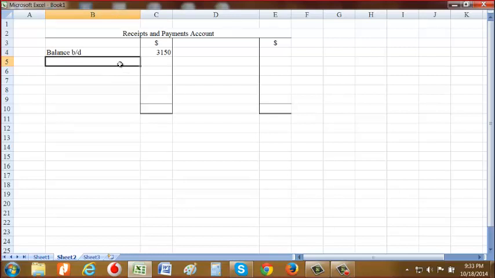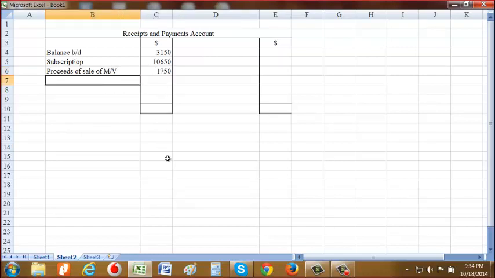So first, subscription is a receipt. How much subscription did I get during the year? 10,650. And after subscription, proceeds of sale of motor vehicle. We sold the motor vehicle and we got the money. How much amount? 1750.